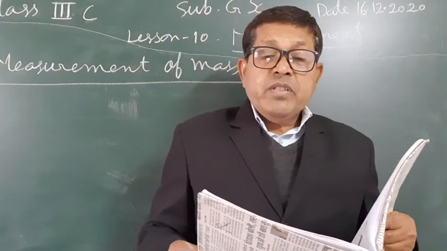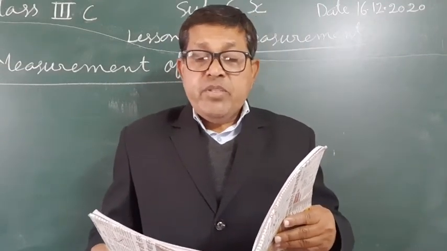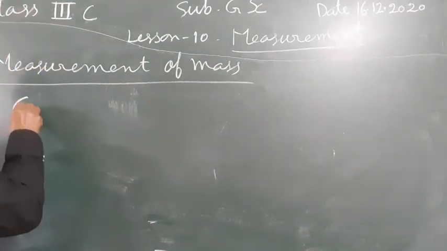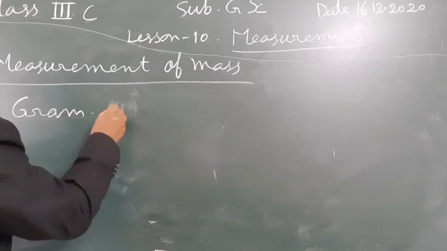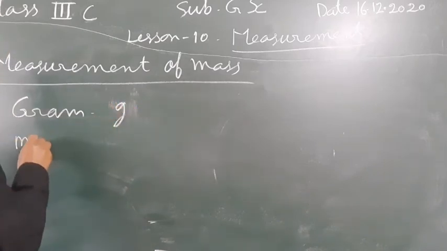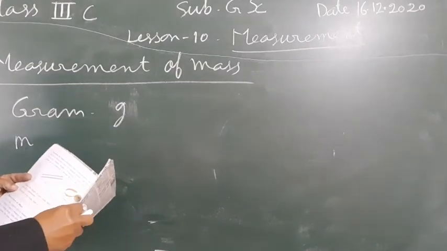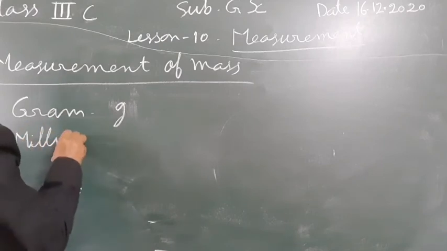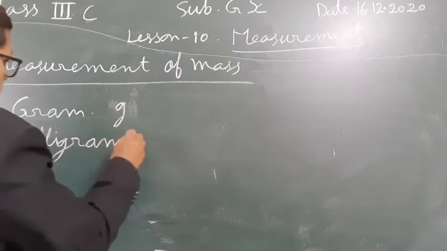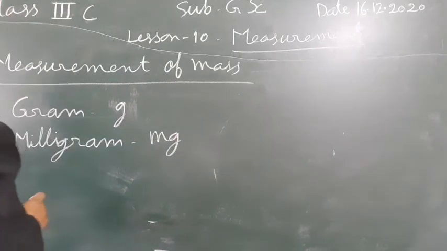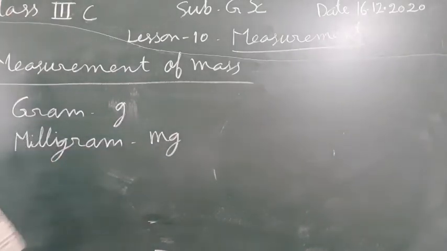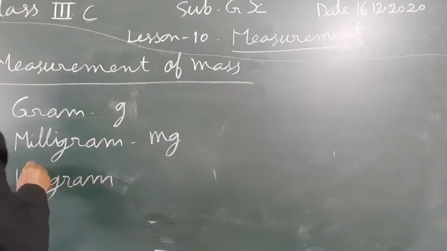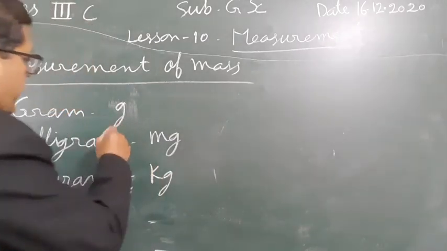Gram is written as g, milligram is written as mg, and kilogram is written as kg. These are the short forms.